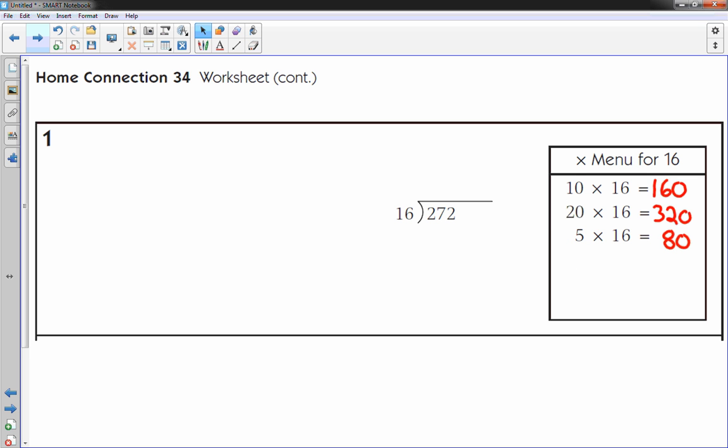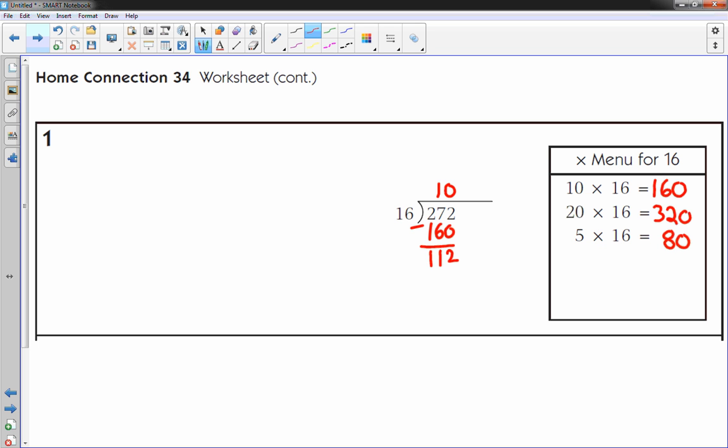Those numbers might help me get started because I want to get as close as possible to 272 without getting a bigger number. I'm going to use the 10 times 16, so I'm going to write 10 up above. 10 times 16, I already did that on the right, so I know it's 160. And I'm going to subtract. 2 minus 0 is 2, 7 minus 6 is 1, 12 minus 1 is 1.